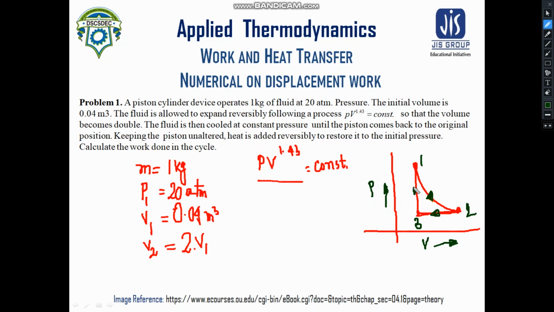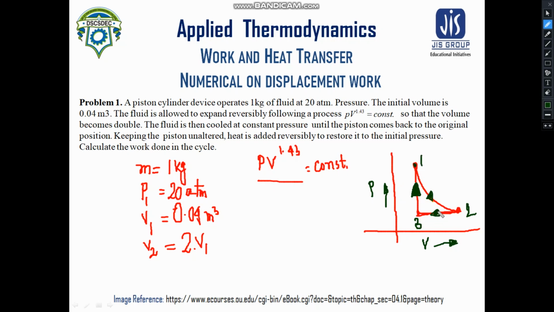You will not see the fact that it is reversible, but you can understand that heat has been added. If heat is added, then what will happen? The volume will remain the same, but the pressure will increase because pressure is proportional to temperature. So this becomes 3 to 1.